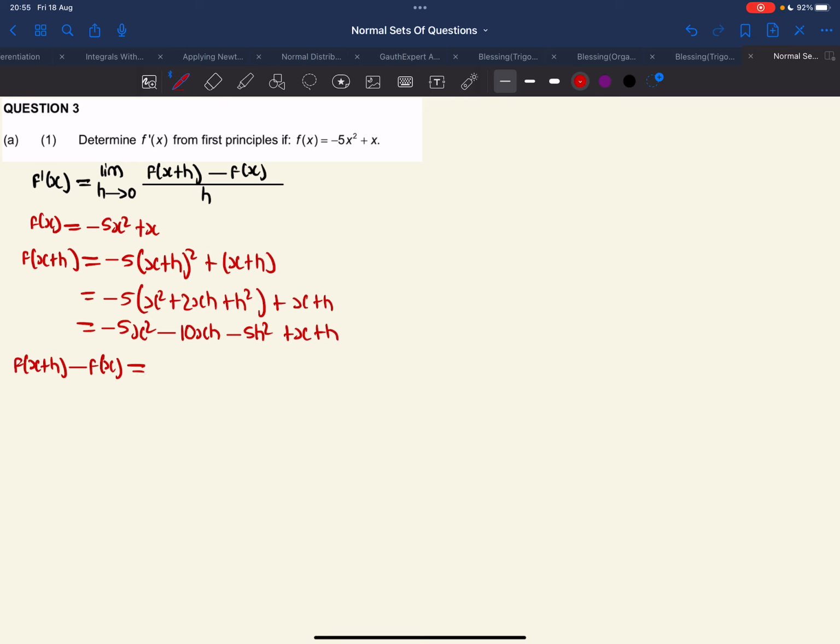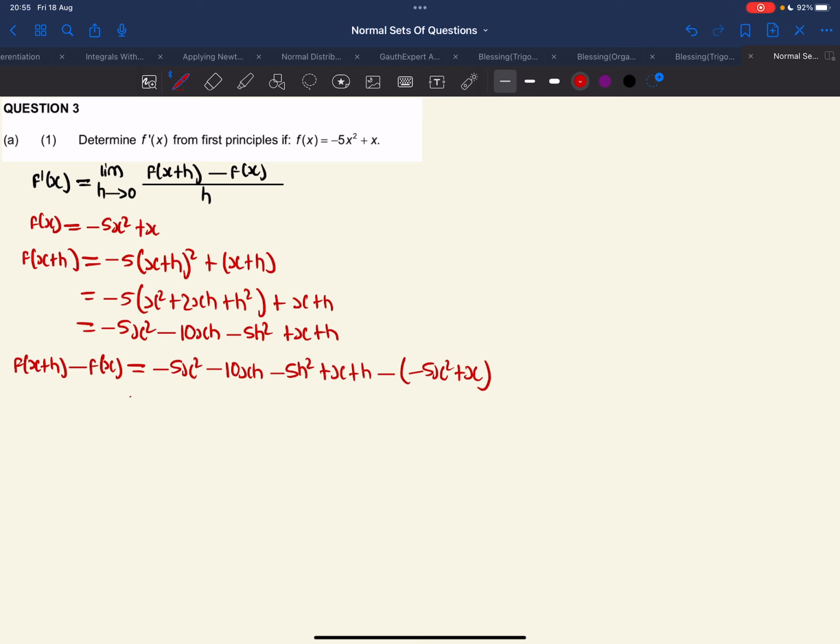If we do that, we should get minus 5x squared minus 10xh minus 5h squared plus x plus h, minus, in brackets, minus 5x squared plus x.